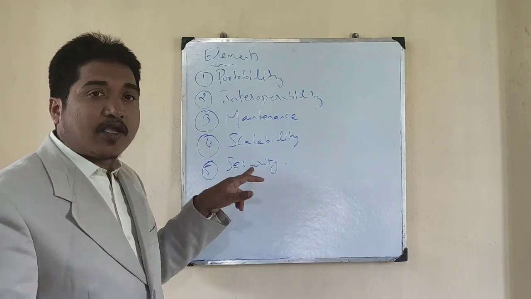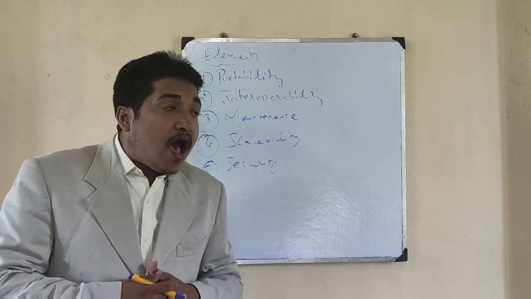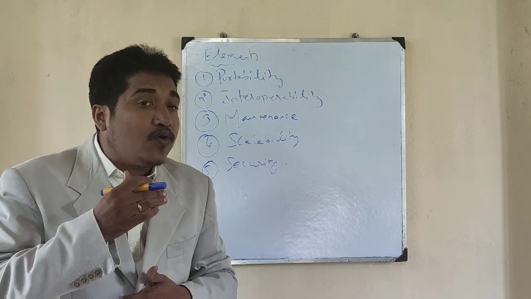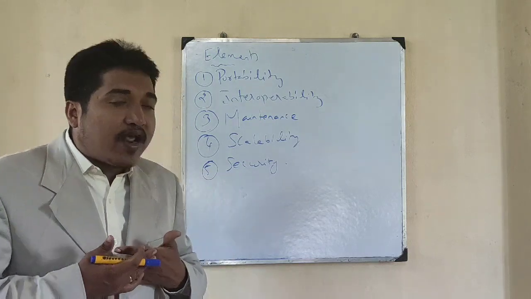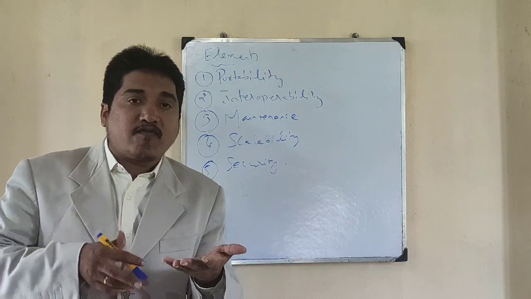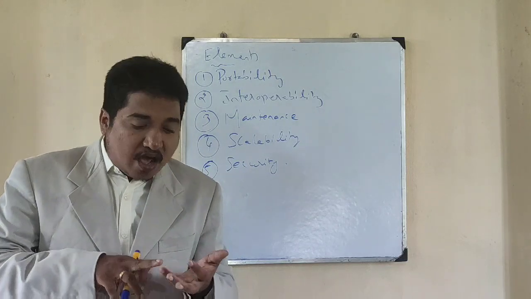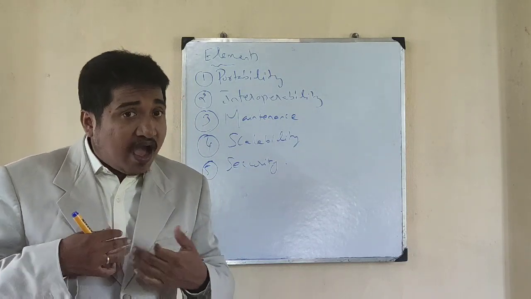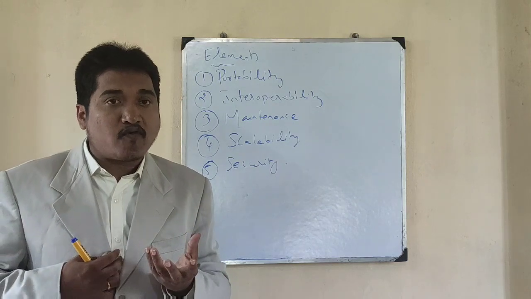And the final thing is security. What is security? How do we provide security to our application? Nowadays we have so many things, whether a desktop system, a laptop system, or a smart mobile phone system.